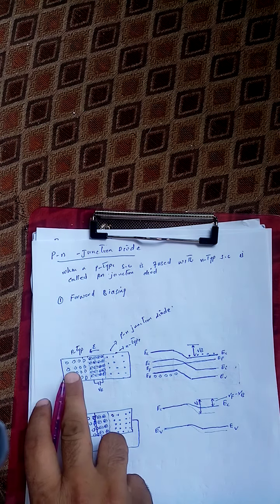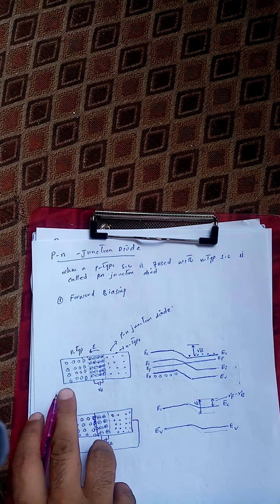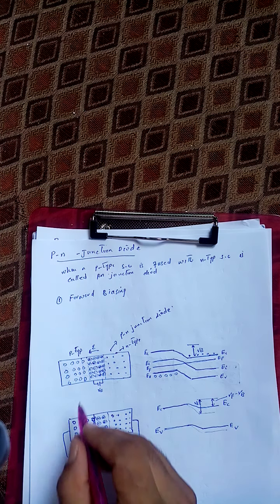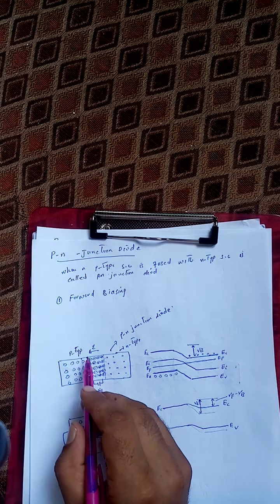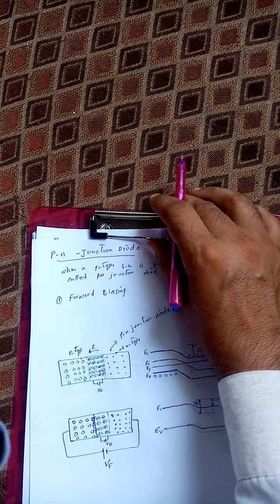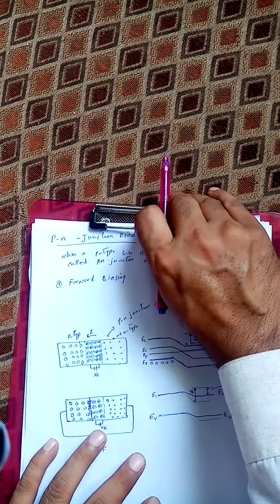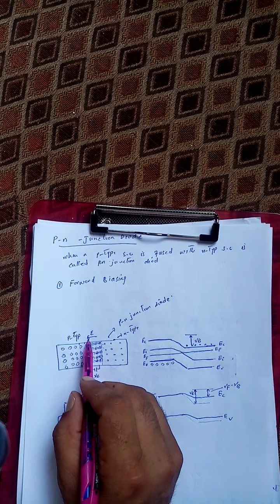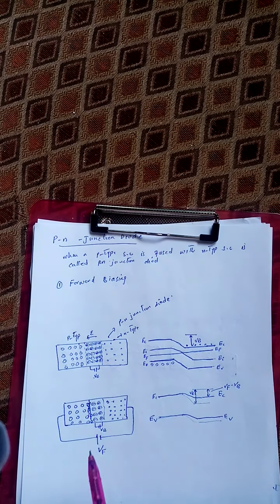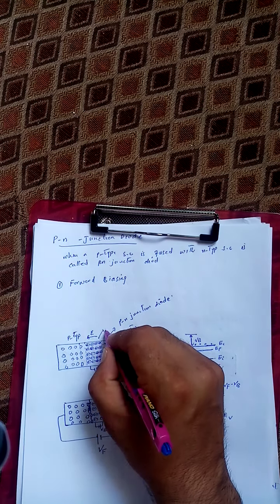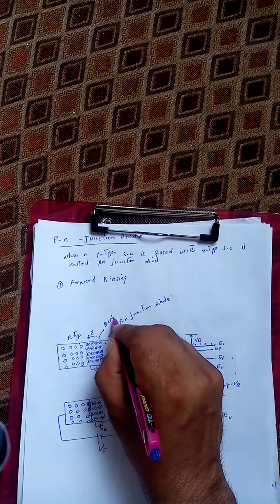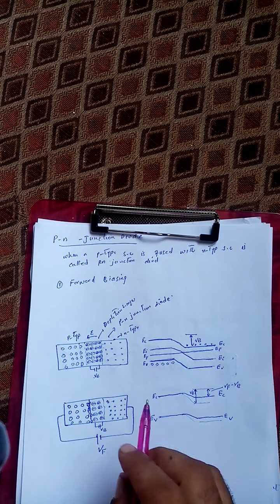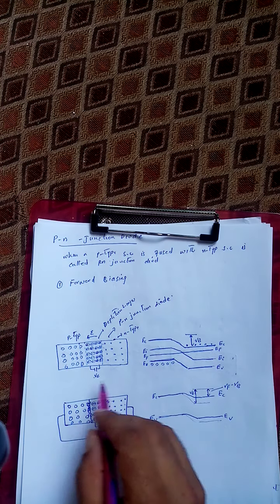So we diffuse this p-type with n-type, and we have a bias voltage developed here, which is called the barrier potential, which we already discussed. We also have an internal electric field developed, and this is called the depletion layer. And we have the band diagram here, which we already discussed.